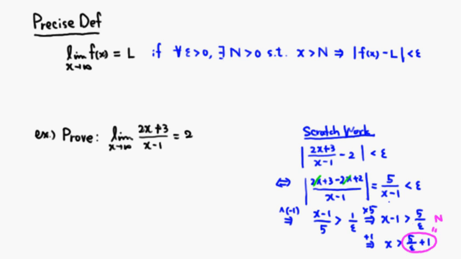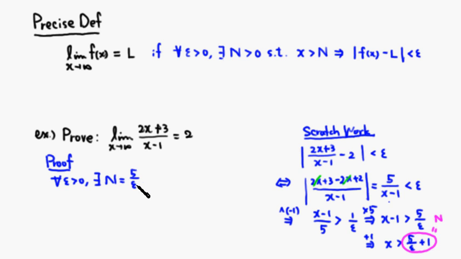Now we can write a proof. So we say for all epsilon positive, there exists a positive number n, which is namely 5 over epsilon plus 1.